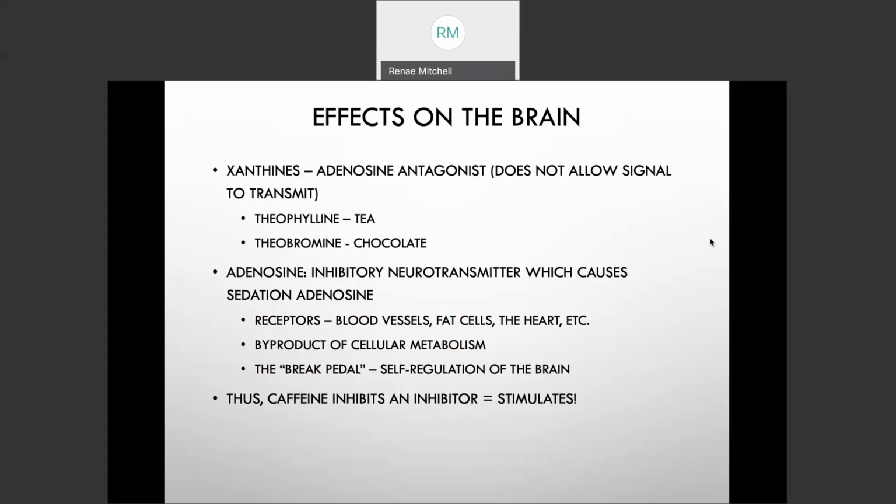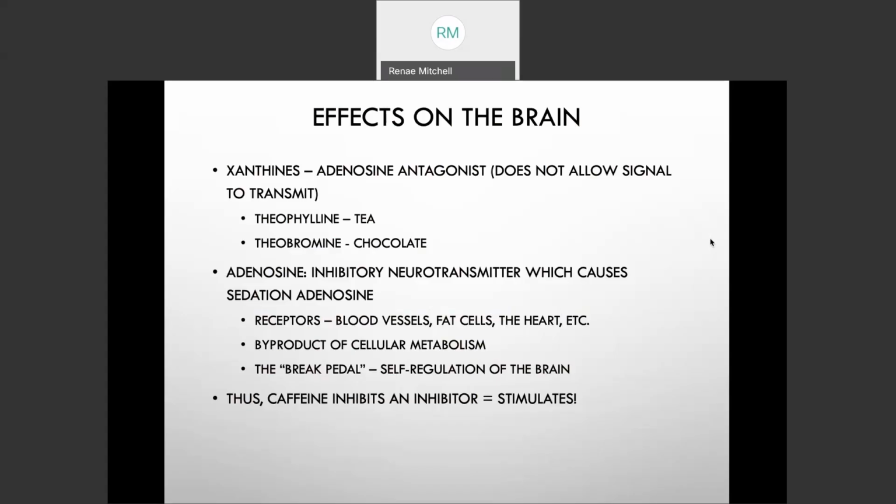There are adenosine receptors all throughout the brain and also in the peripheral nervous system, in blood vessels, fat cells, and the heart, so it's sort of all over the body. And adenosine itself is a byproduct of metabolism at the cellular level. So it's produced within cells all over the body.